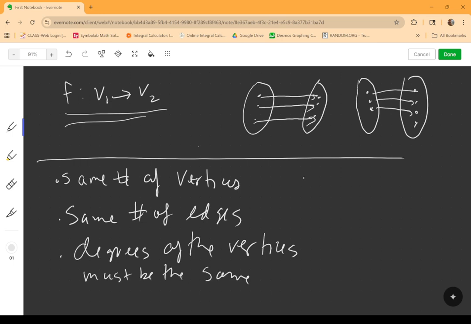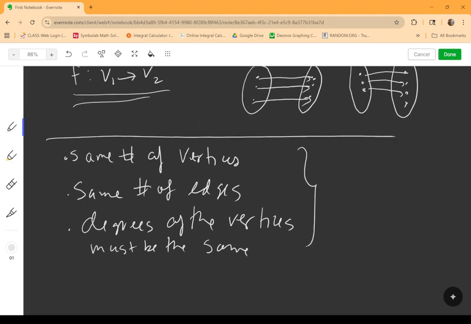These properties need to be preserved because of that one-to-one correspondence. So one way to go about it is to start by seeing if the graphs are not isomorphic, by seeing if any of these properties fail.